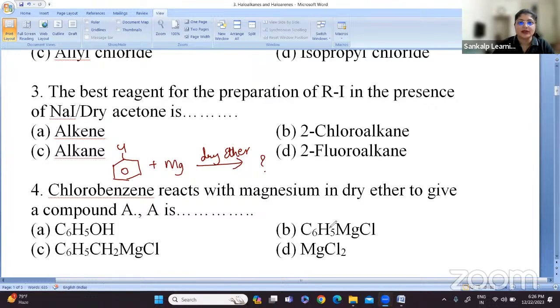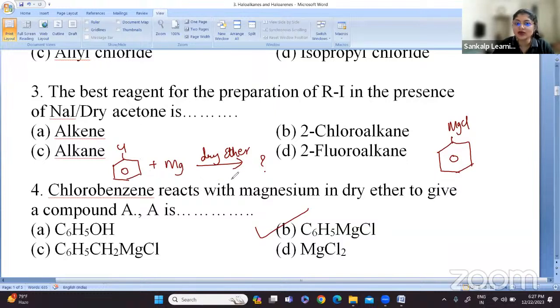Yes, it is B. Good. Srishti, Sita, Vedvati, Nikita have answered it right. Yes, it is B. It is C6H5MgCl. So it is RMgX, right?